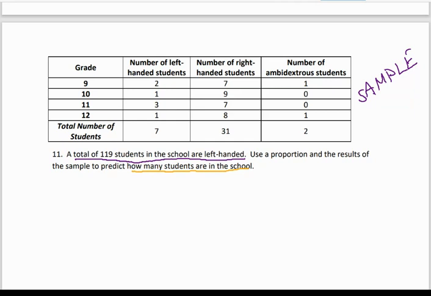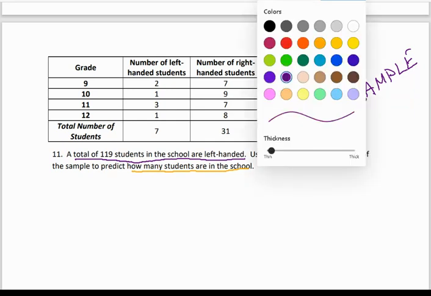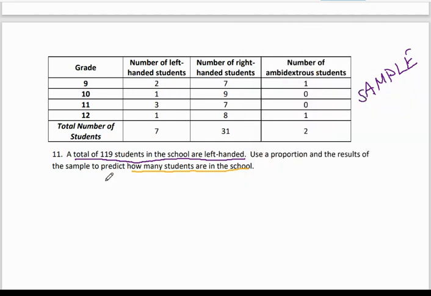So just walk with me here, okay? What we're going to understand is that we are comparing left-handed to total. Is that clear to everyone? Everyone needs to be paying attention. Left-handed to total. I'm going to start with my sample proportion. So how many left-handed in my sample in my chart? 7.